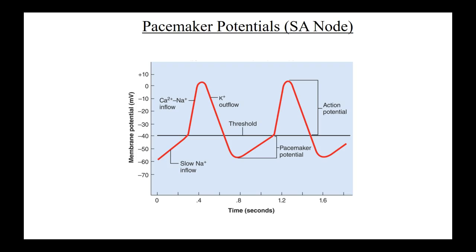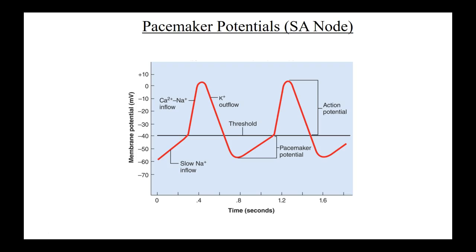Once we get to the repolarization, those sodium ion channels open again. So technically, we don't have a resting membrane potential with these cells in the SA and AV nodes. Is it ever resting? No. It's constantly moving.